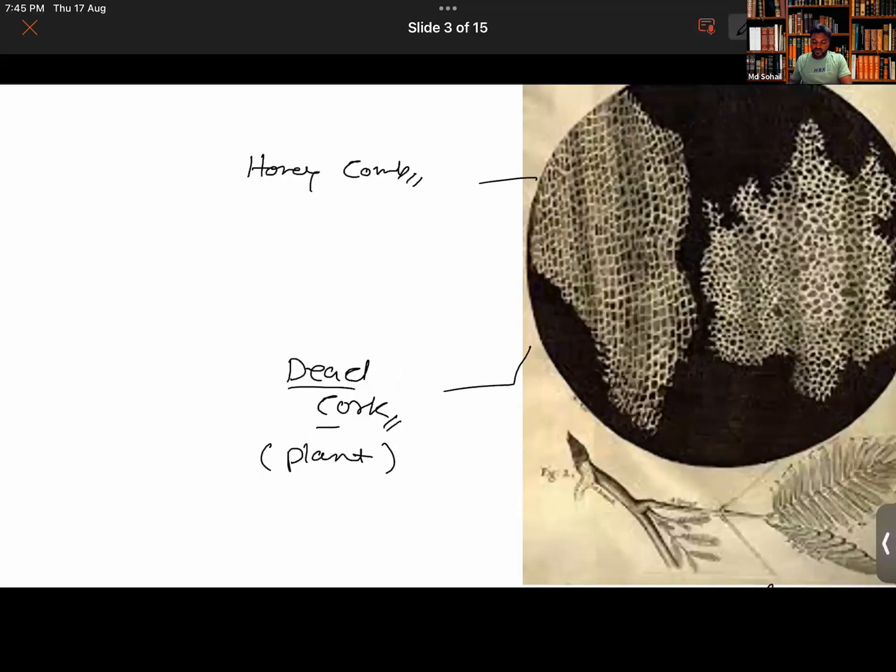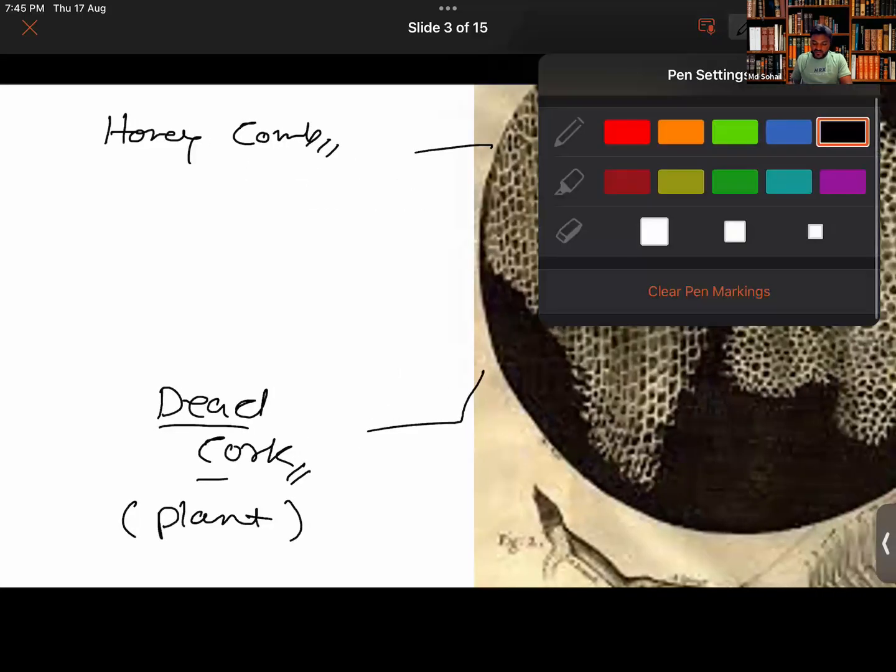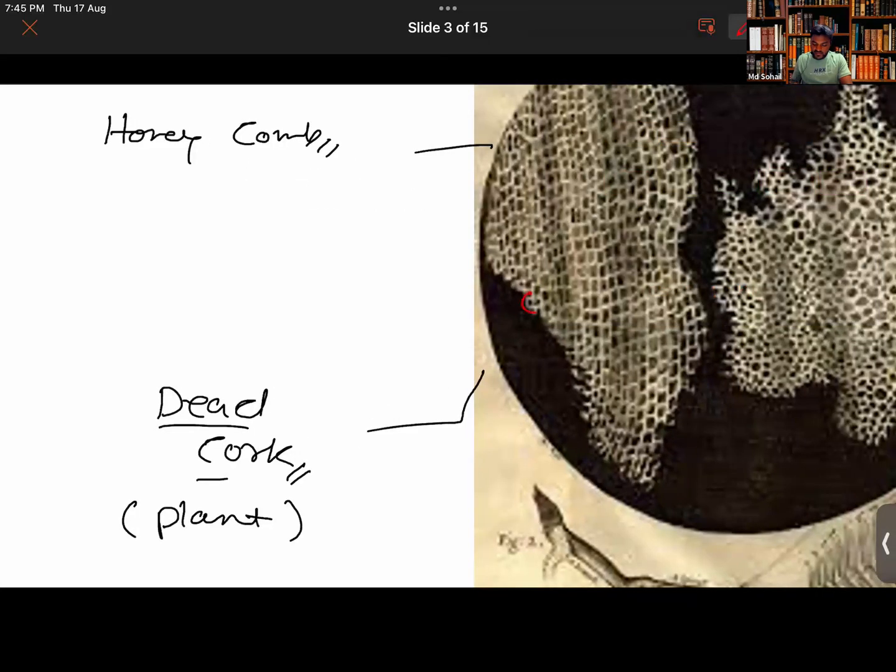So if you were to zoom in, let's take one of the cells from it. Let's say this is here. Each of the cells was separated from the other by a wall that was called the cell wall. So this is how he discovered the cell, and he was also the one who named each of these boxes as cells.